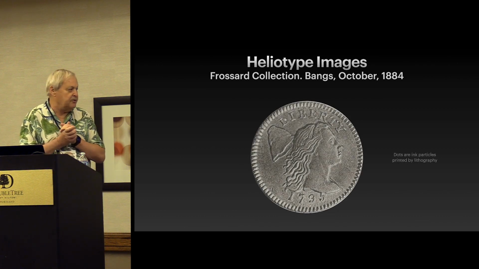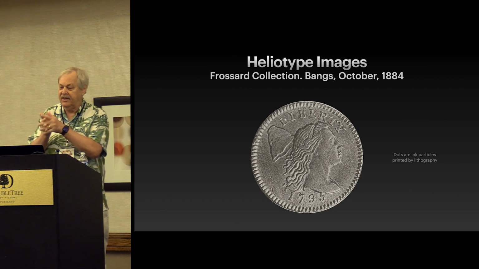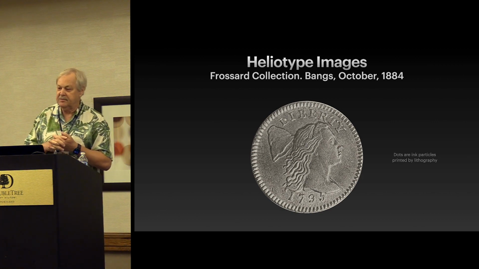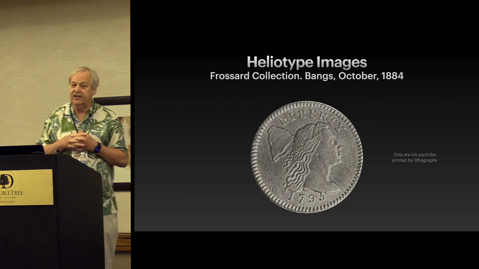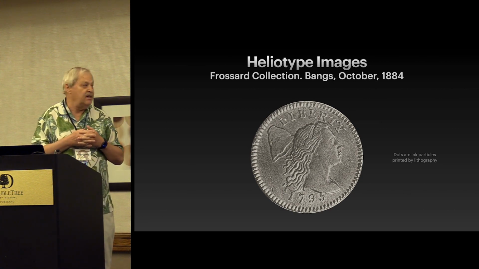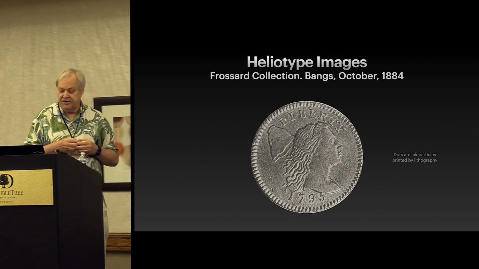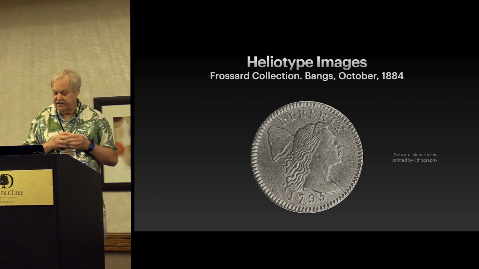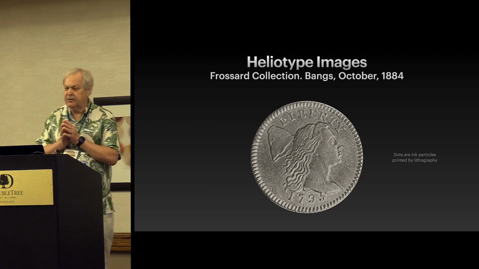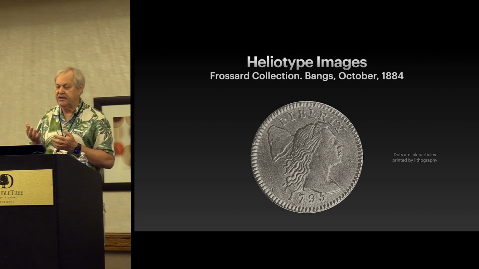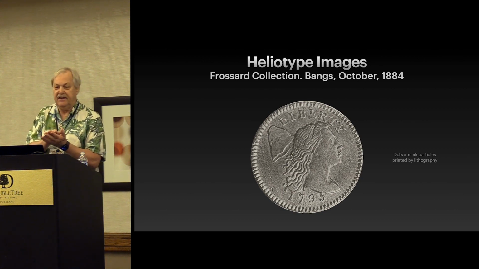Here's another great early image. This is a heliotype. Thank you to Harry Salyards who sent me the catalog that this came out of. It's from the Frossard collection by Bangs, in October of 1884. It's a very, very sharp picture. This is printed by what is called heliotypy. You start with a glass plate negative, just like I showed before, and you contact print it but not onto paper.